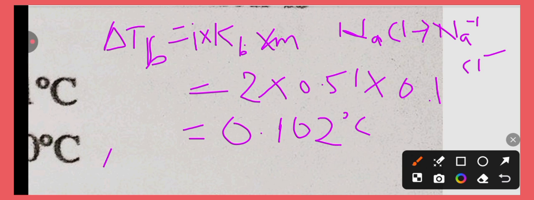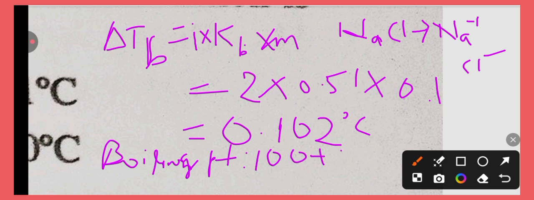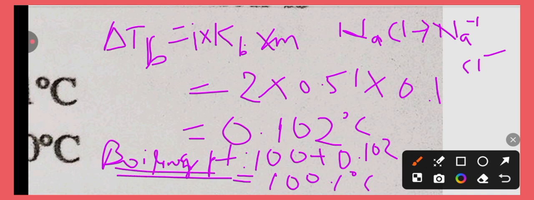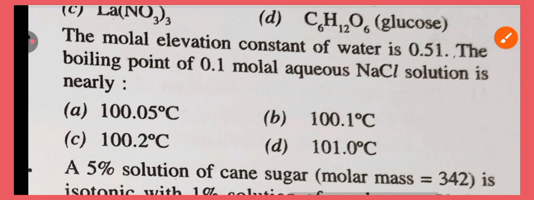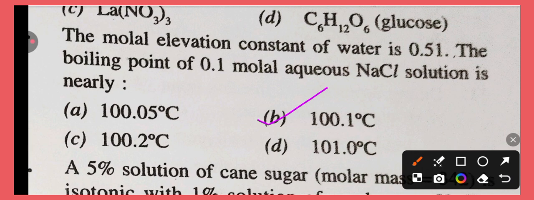Then what will be the boiling point? Boiling point equal to 100 plus 0.102. When we add this, we will have 100.1 degree Celsius. Hence the boiling point is 100.1 degree Celsius. Let's see the options. Here option B will be the correct answer, that is 100.1 degree Celsius.